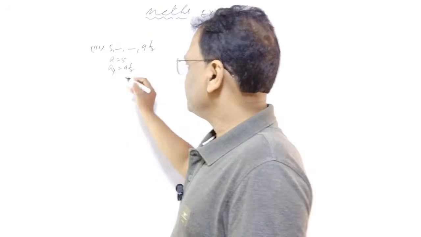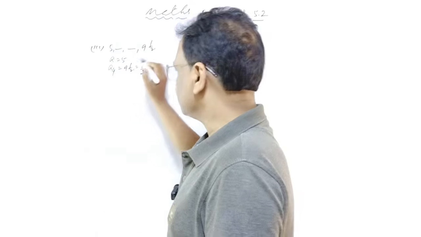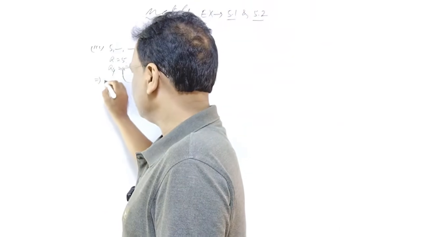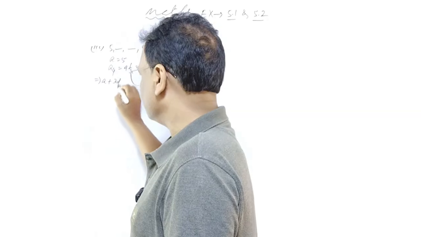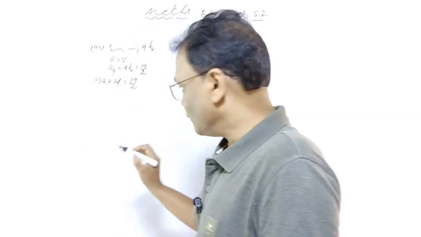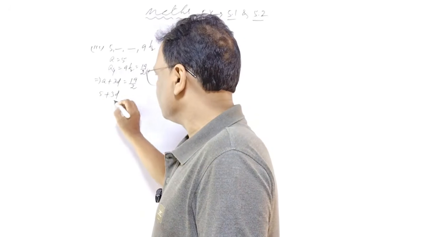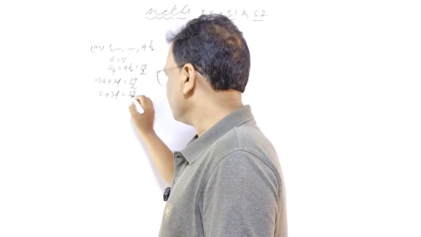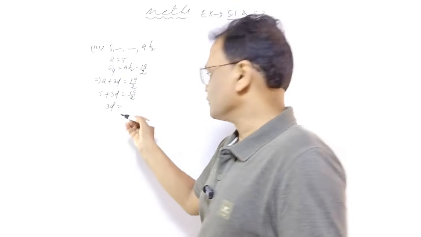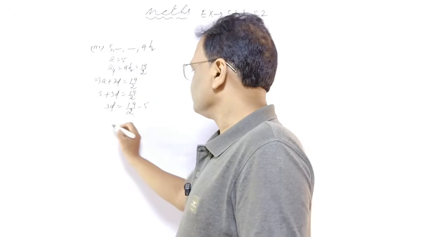Okay. Simplify this one. What are you getting? 9 twos are 18. 18 plus 1, 19 by 2. This is the fourth term. But the A4 formula is A plus 3D. A plus 3D is equals to 19 by 2. And A is what? 5. 5 plus 3D is equals to 19 by 2. Or 3D is equals to 19 by 2 minus 5.